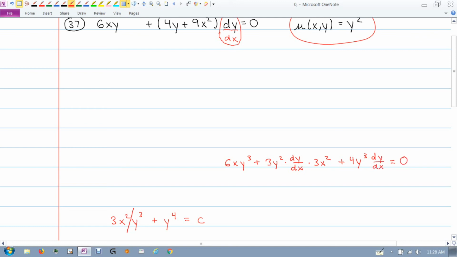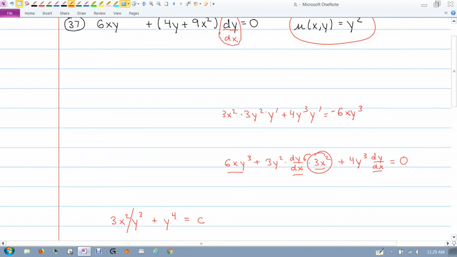equals 0. Now if we solve this for dy/dx, we're going to get 3x squared times 3y squared, I'm just going to put y prime instead of dy/dx, plus 4y cubed y prime equals, and I'm going to move this 6xy cubed to the other side, it becomes negative. That part right there was attached with multiplication, but I can move this 6xy cubed.